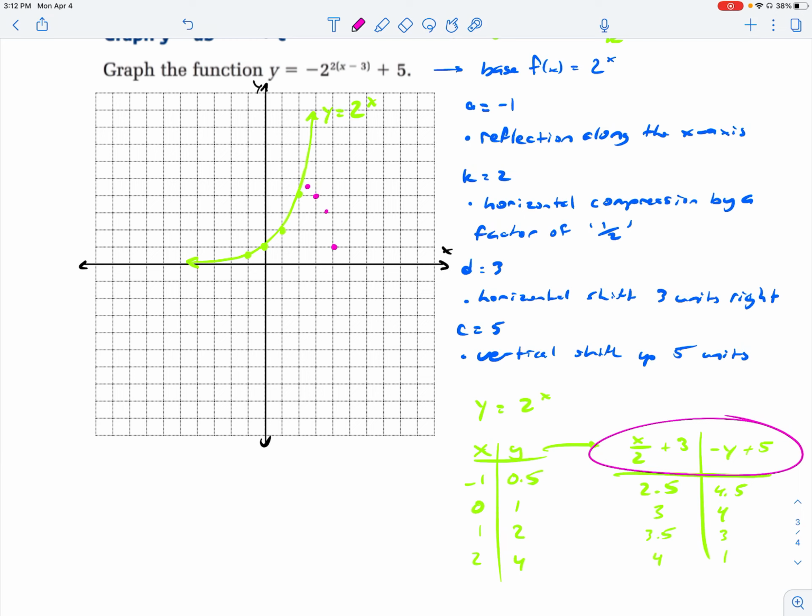Okay, so this might be really weird to try to graph, and you might not even know where to start. You might be wondering, does this go like this, or is it maybe doing something else? So one thing to keep in mind is you want to know where that HA is going to be.